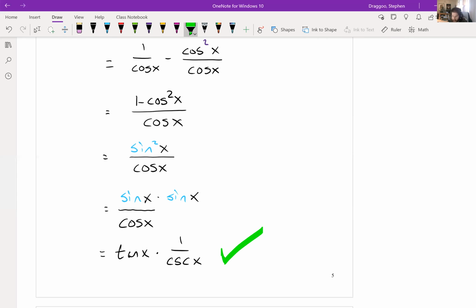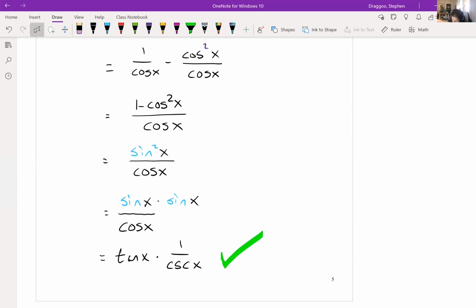And that was the identity we were trying to get to. Tangent over cosecant.